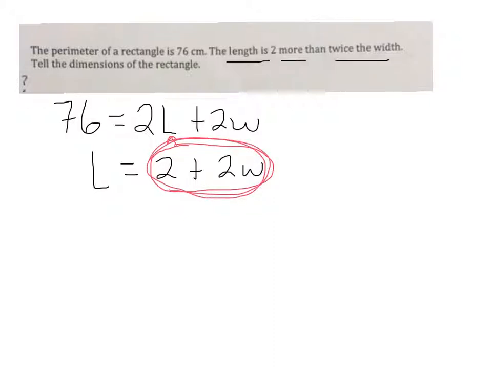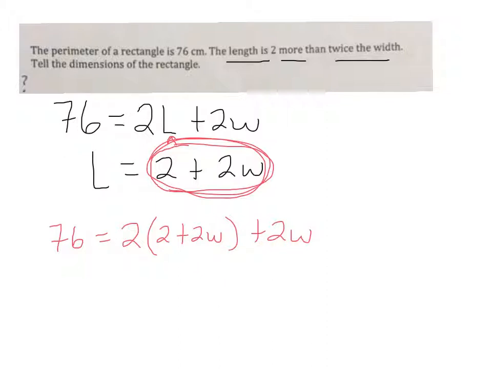So I've got 76 equals 2 times, and in the place of L, I'm going to put 2 plus 2W, plus 2W. Now you look at your equation and you say, is my whole equation in terms of one variable? Okay? In this equation, do I have just W's?